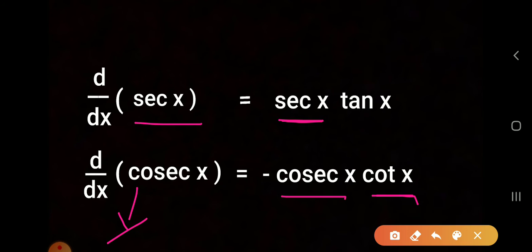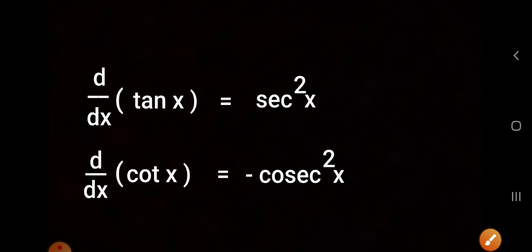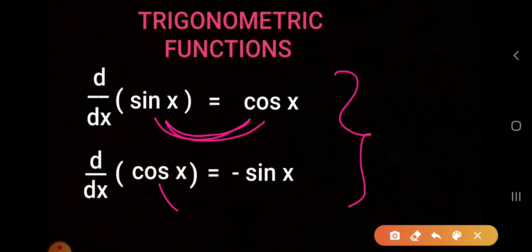Observe from here that sin x, cos x, we get the formula like this, opposite: sin x cos x, cos x sin x, in this manner.